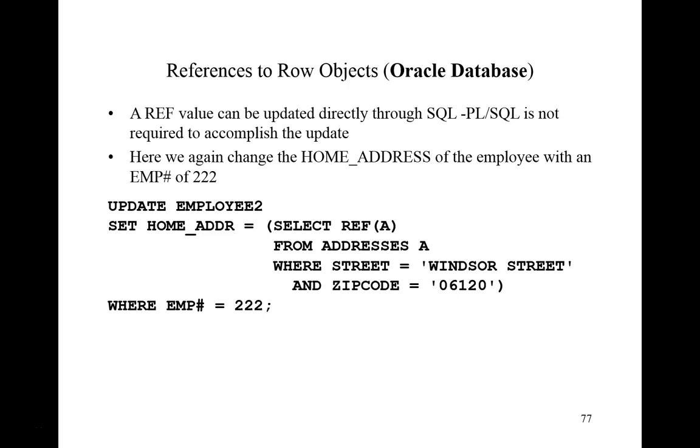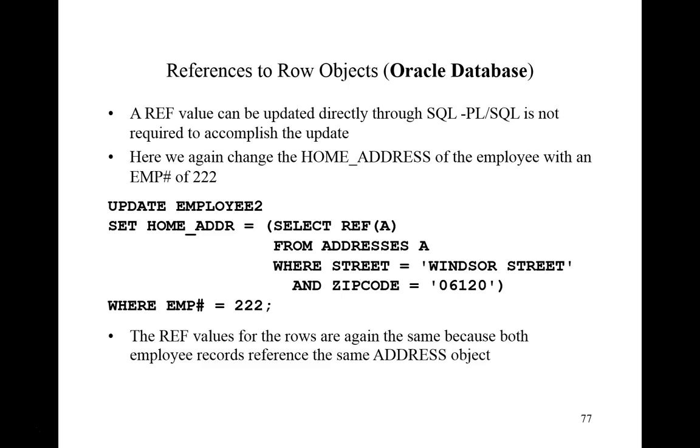We apply this only to the home address column for employee number 222. So the ref values for the rows are again the same because what we've just done is we've moved Mo back to Windsor Street. The idea of this query was simply to demonstrate that we could do the update entirely with SQL.